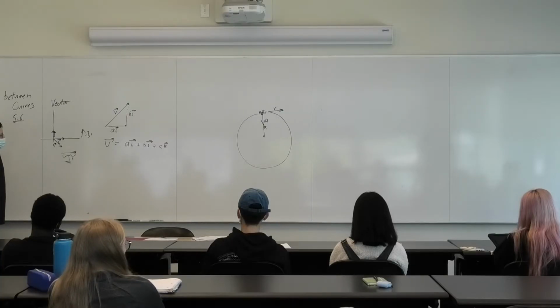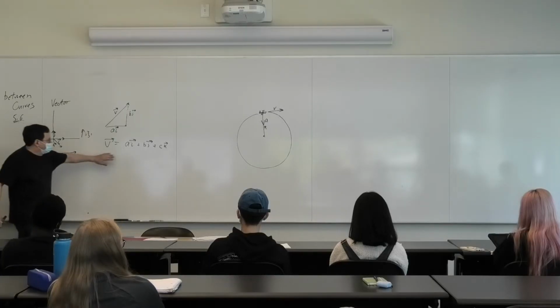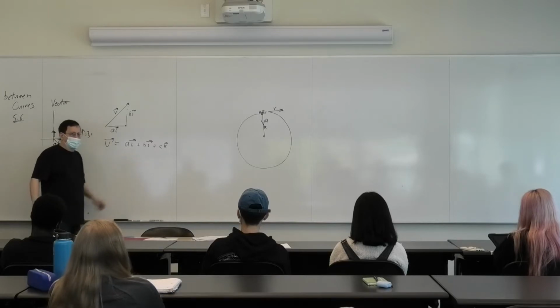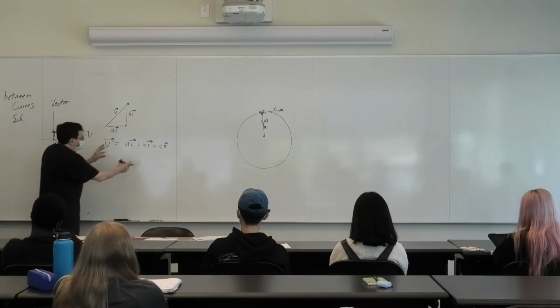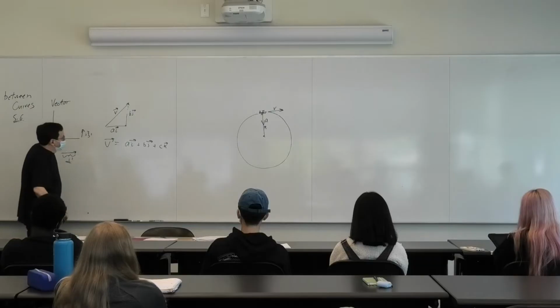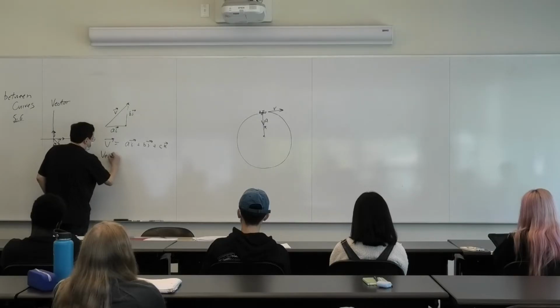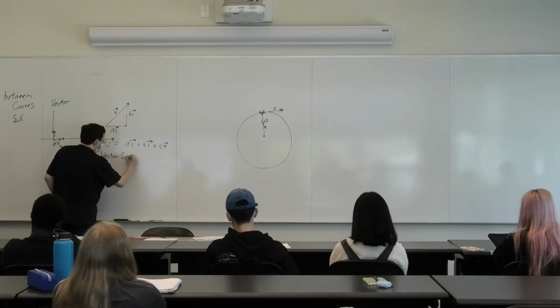So this idea that I have an object, I call it a vector, I can add it, I can subtract it, I can multiply it, and I can add them up in linear combinations like this. We give that a name in math, we call that a vector space.